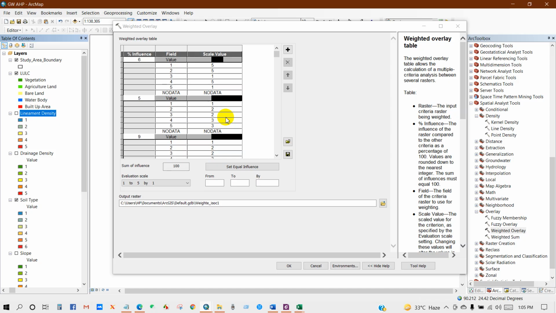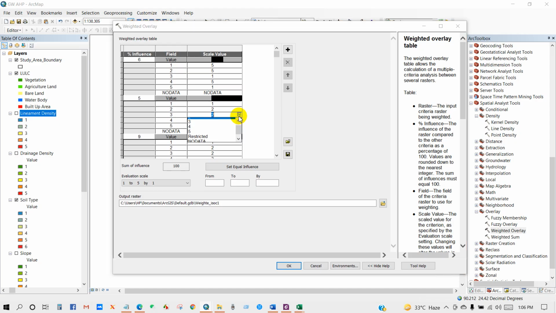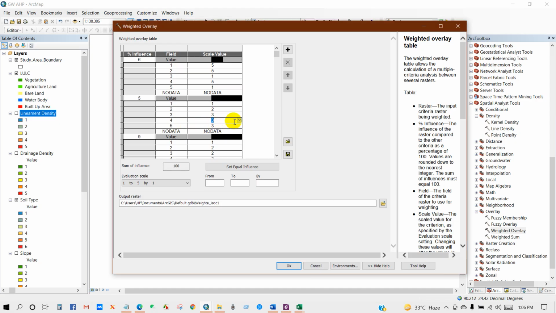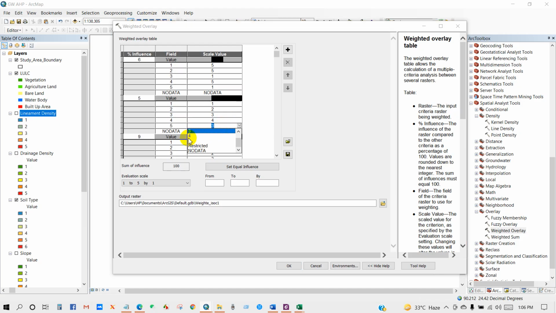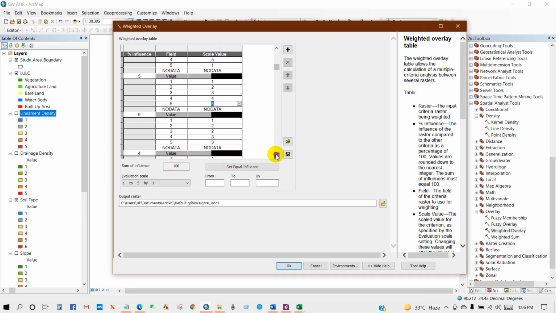Whereas the areas with very low lineament density are considered to have poor groundwater potentiality and assigned lower rank. So I have organized 1 to 5.